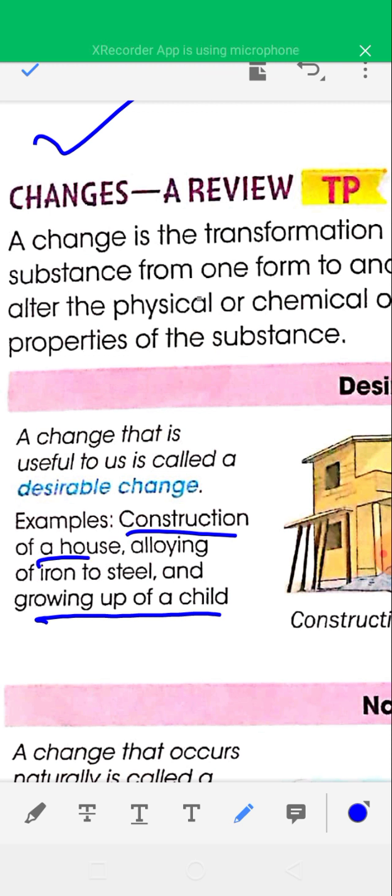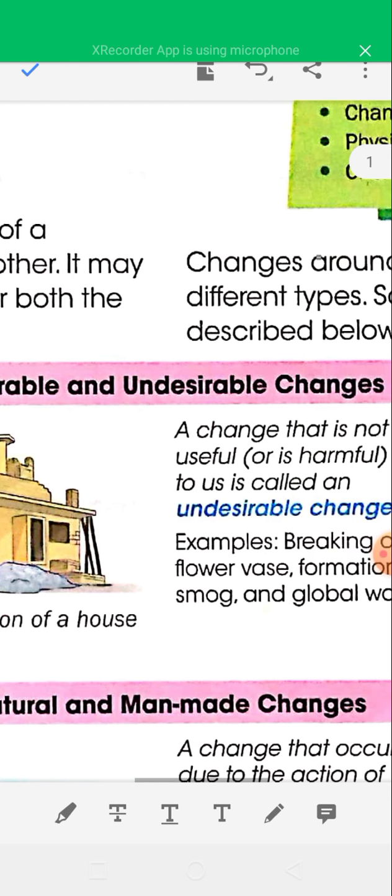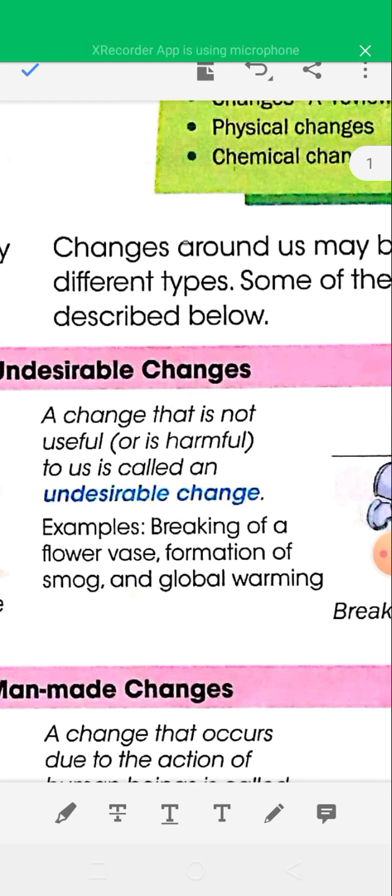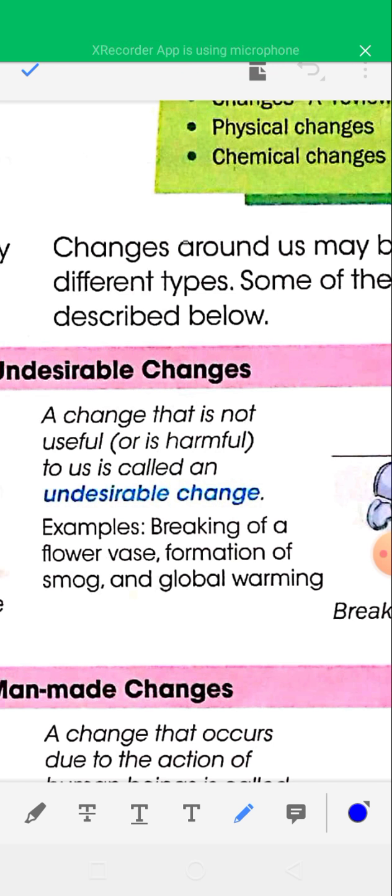An undesirable change is a change that is not useful, or that is harmful to us. For example, global warming, formation of smoke.